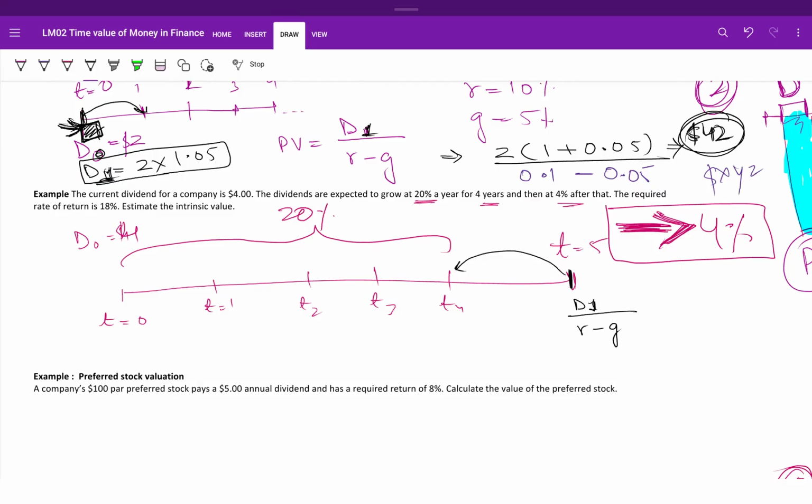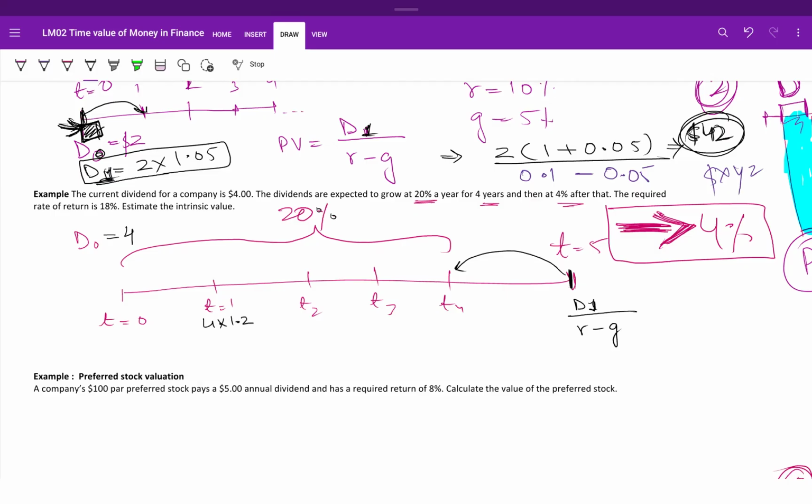And to calculate the 20% growth rate, what we need is this: right now the company has paid a dividend of $4. At time one, the company is going to pay a dividend of 4 into 1.2.